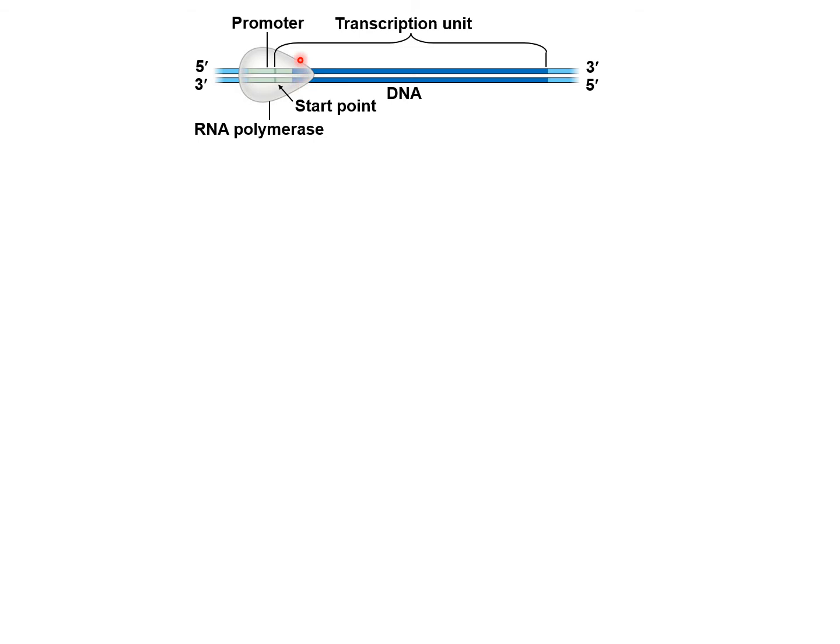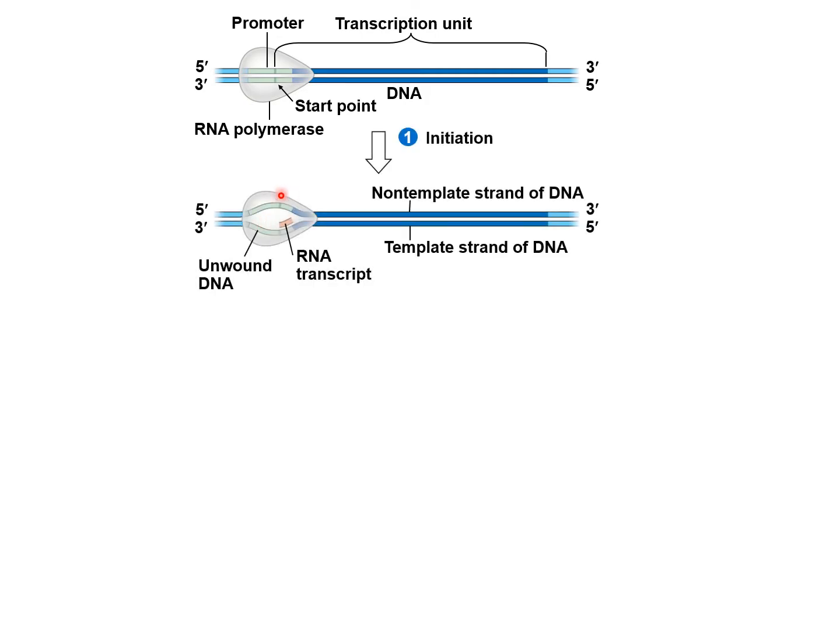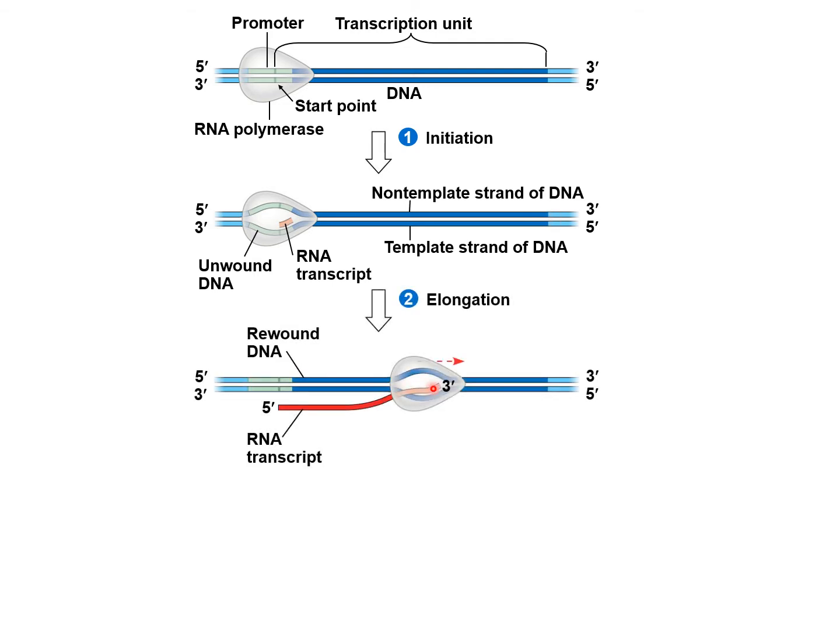So we have that promoter, and that promoter is where the polymerase will bind and initiate transcription. And then we get down to the end, the terminator. Okay, so we're going to start transcribing, and here's our template. We're reading 3 to 5, synthesizing 5 to 3. We work our way down, elongating.